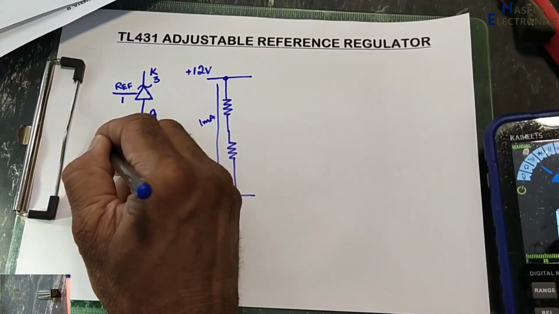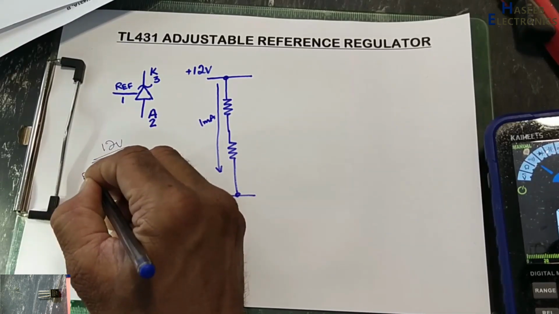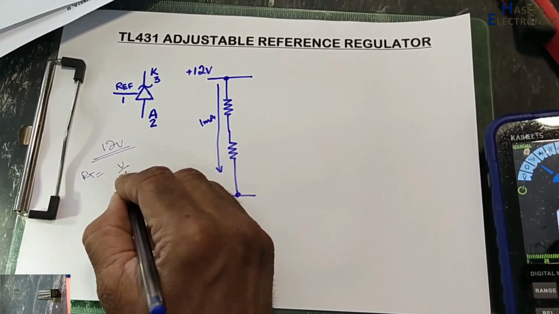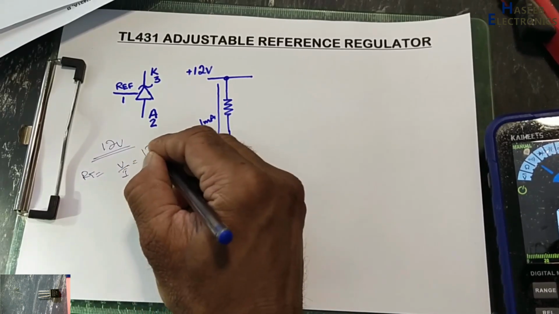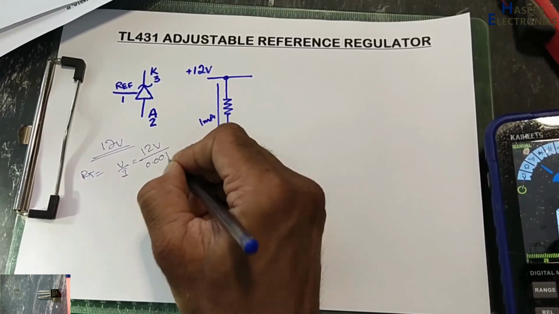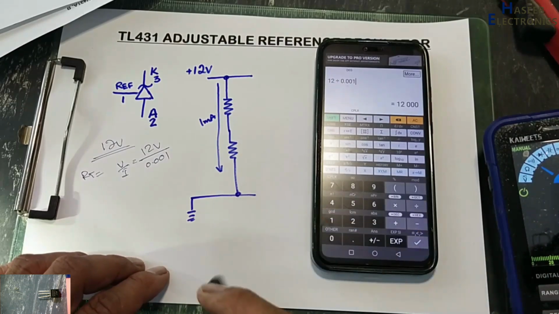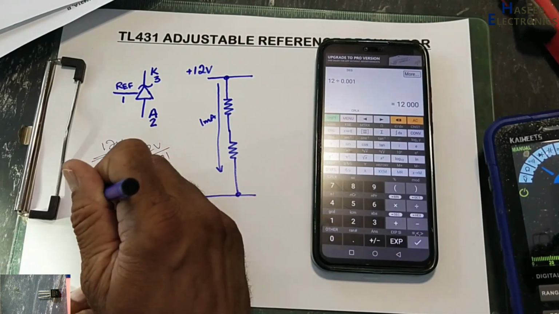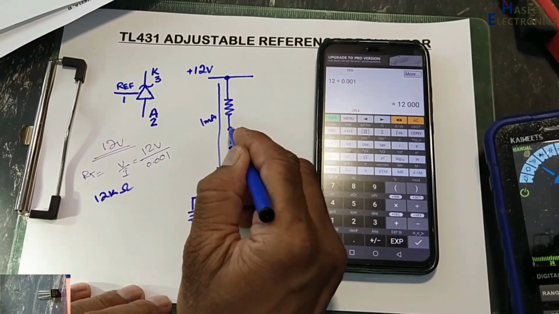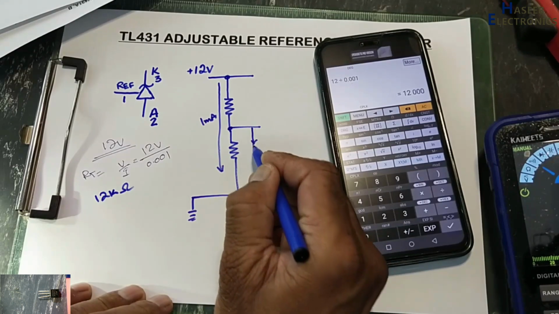12 volt. What is the RT? Total resistance. V over I. 12 volt divided by 0.001. 12 divided by 0.001, it is 12K. And how much voltage do we need here? 2.5 volt between these 2 points.